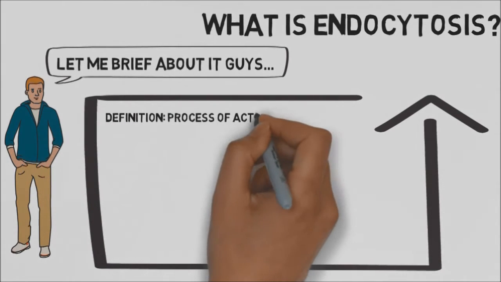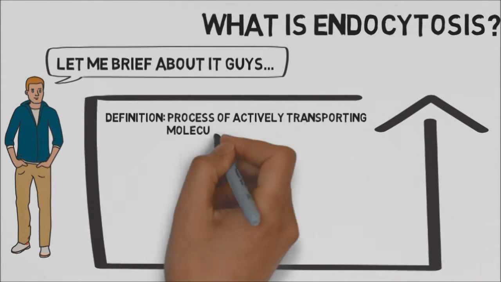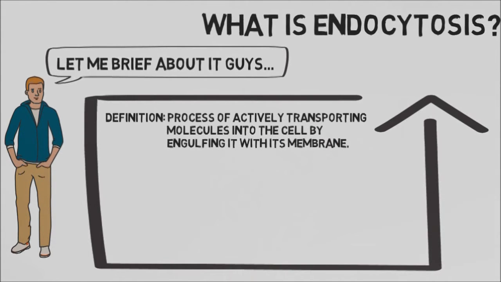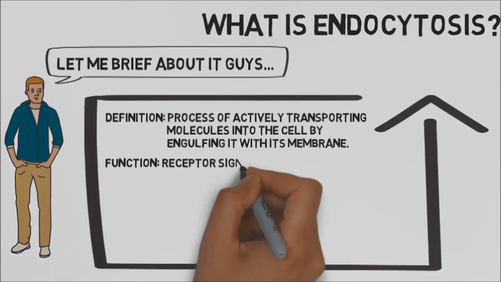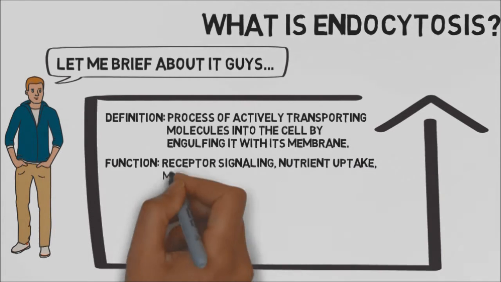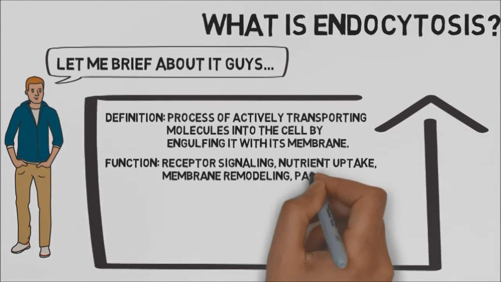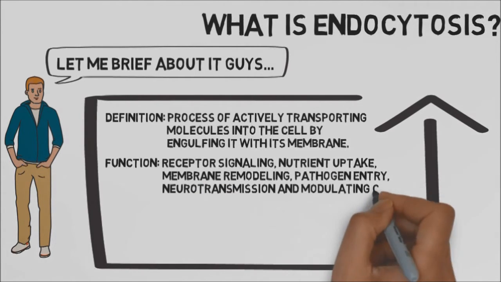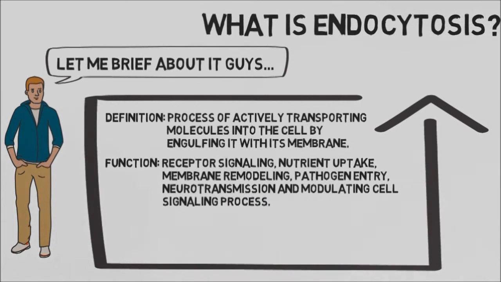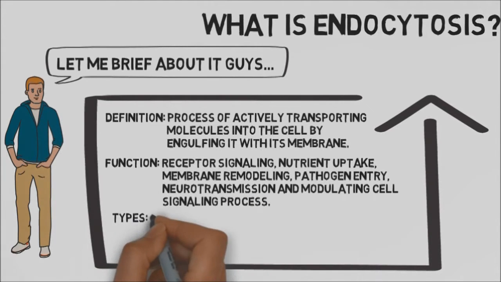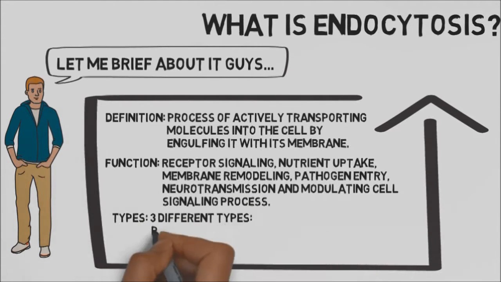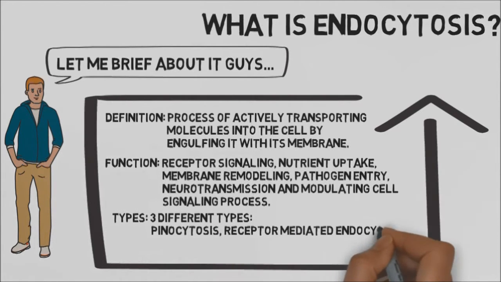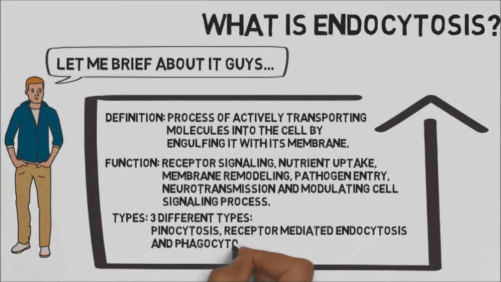Definition: process of actively transporting molecules into the cell by engulfing it with its membrane. Function: receptor signaling, nutrient uptake, membrane remodeling, pathogen entry, neurotransmission, and modulating cell signaling process. Types: 3 different types: pinocytosis, receptor-mediated endocytosis, and phagocytosis.